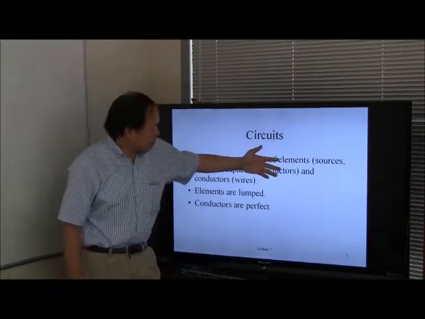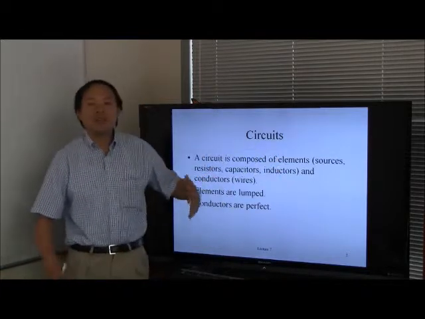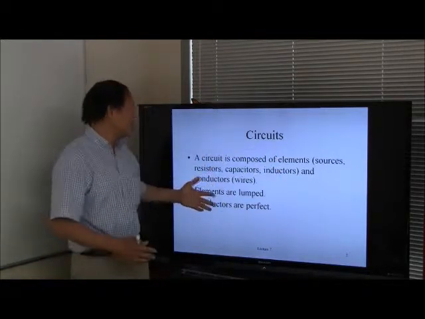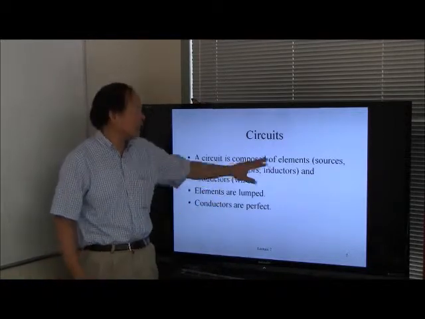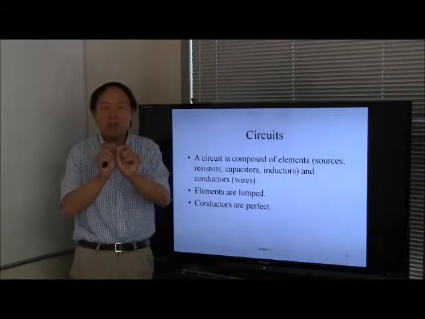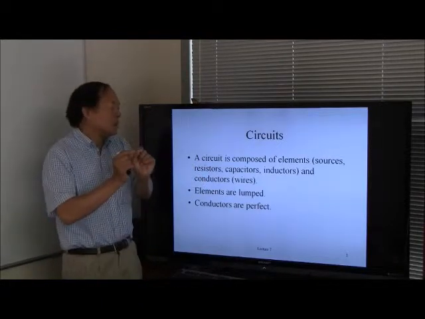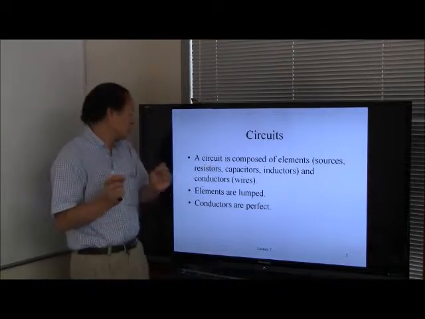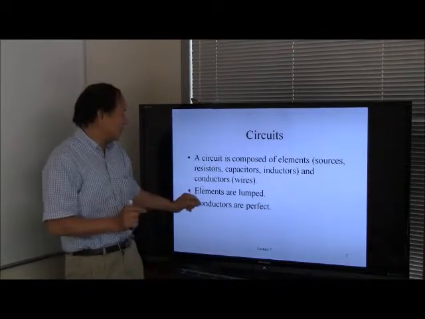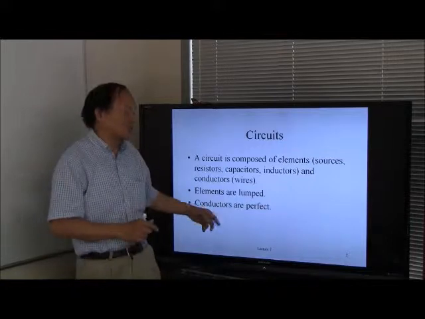The elements are lumped together by the lumped circuit model. What we mean is that we consider the elements as a single point that contains resistance, capacitance, or inductance. And we consider the conductors as being perfect.